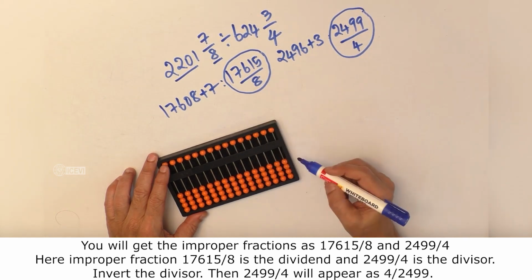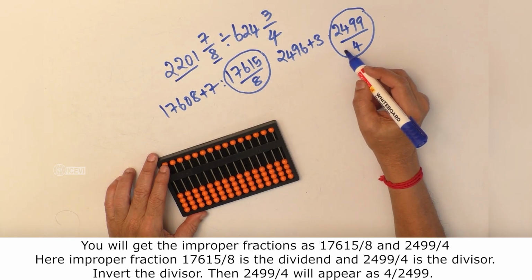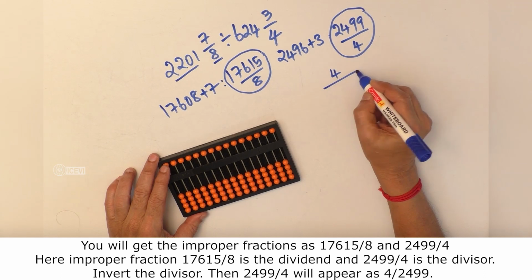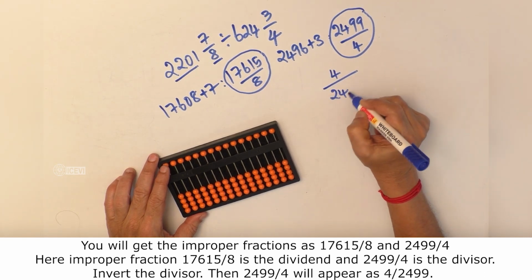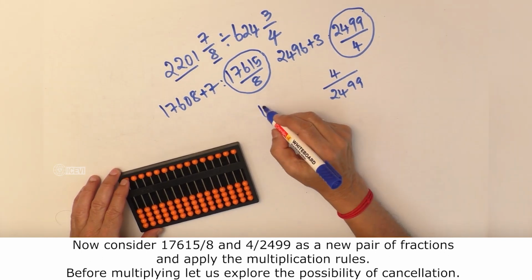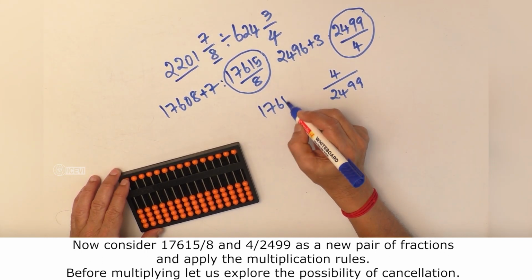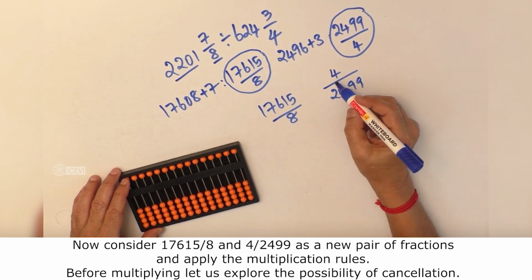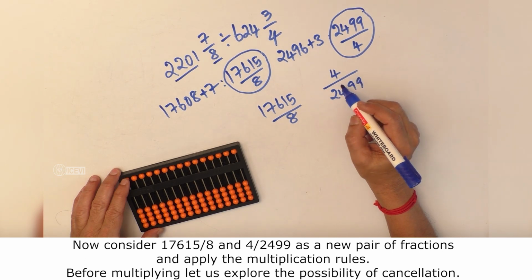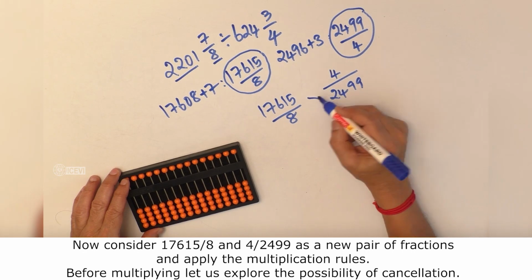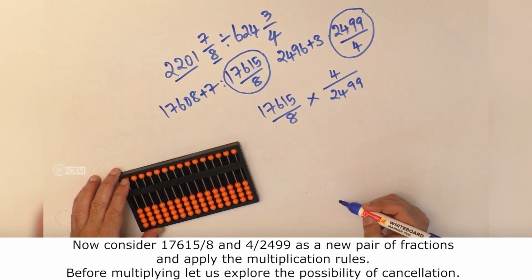Invert the divisor. Then 2499 by 4 will appear as 4 divided by 2499. Now consider 17,615 by 8 and 4 by 2499 as a new pair of fractions and apply the multiplication rules.